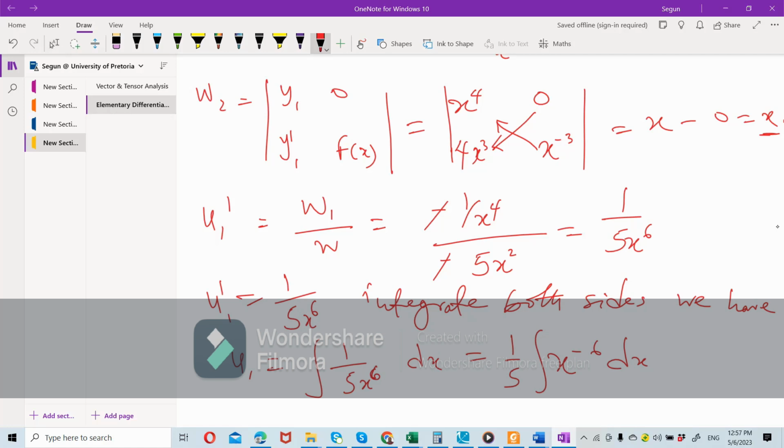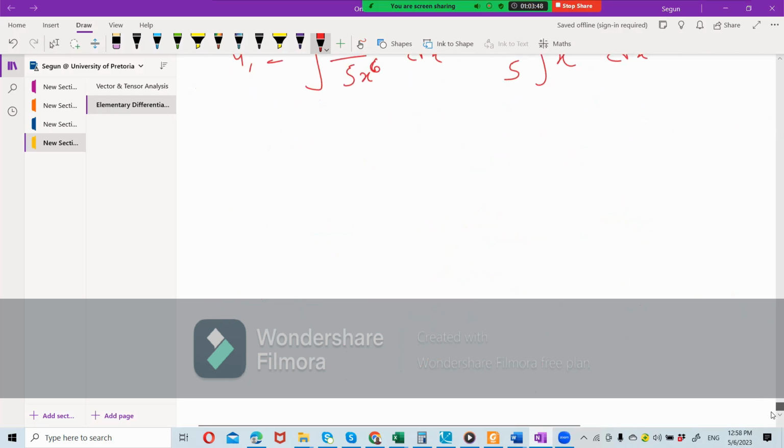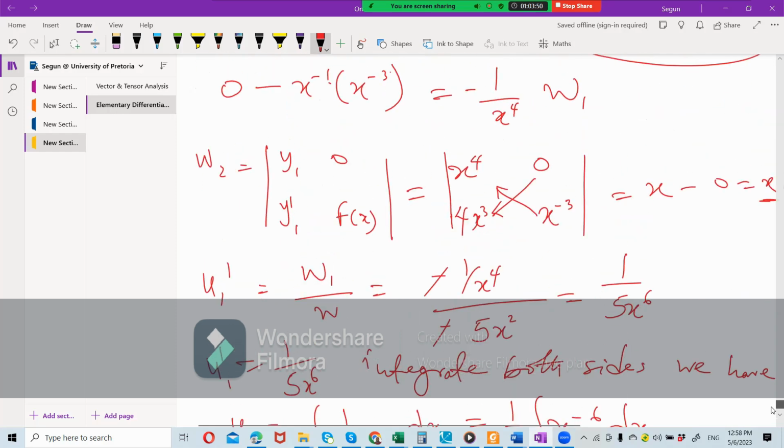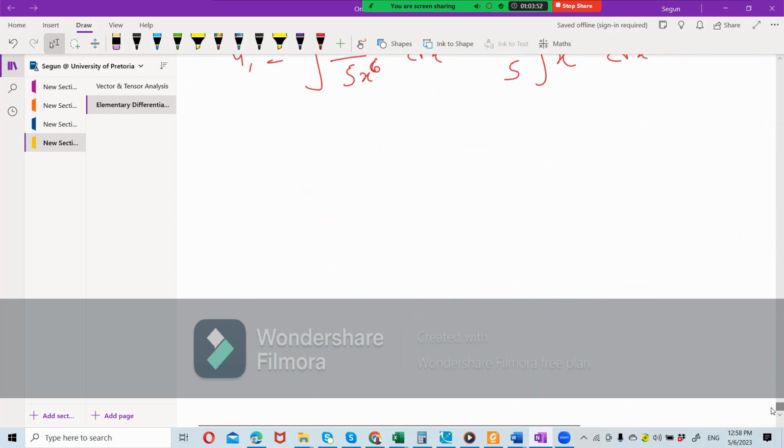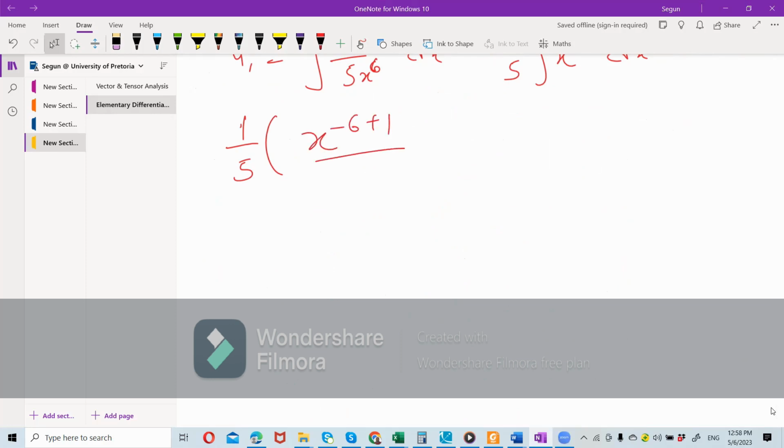Anyway, when you integrate it, you can integrate x to the power minus 6. You remember you have 1 over 5 outside. When you integrate x to the power minus 6, everything is addition: x to the power minus 6 plus 1 over minus 6 plus 1.